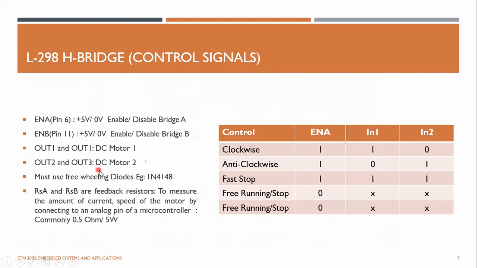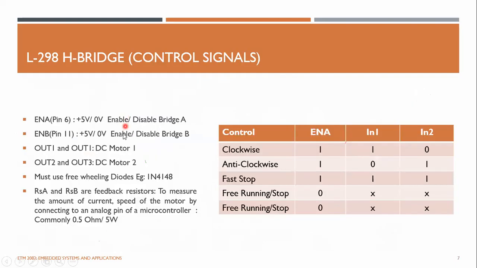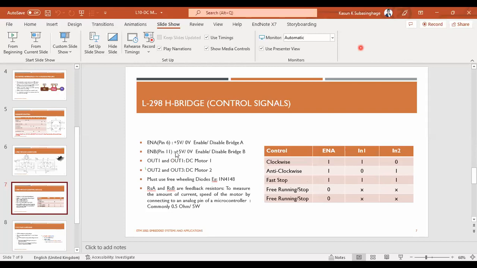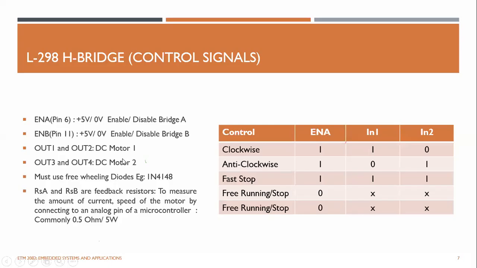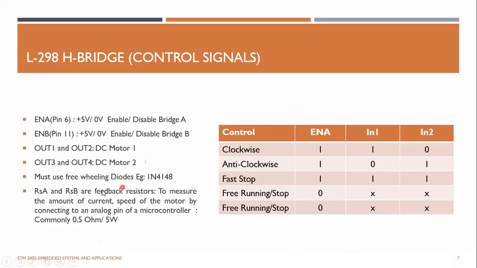Out 1 and out 2 are for this bridge A. Sorry, there's a mistake here. Out 1 and out 2 are for motor number 1, and out 3 and out 4 are for motor number 2.